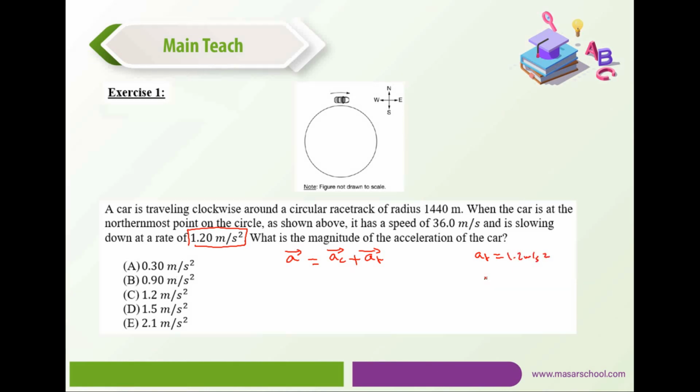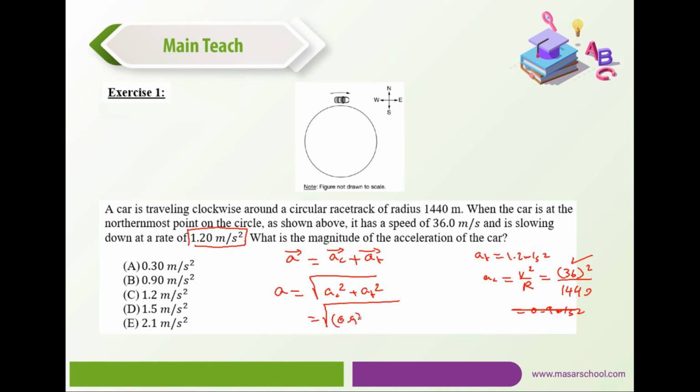The centripetal acceleration can be determined from v squared divided by r: at the northernmost point, the speed is 36 squared and the radius is 1440, so ac is 0.9 meters per second square. The magnitude of the acceleration is the Pythagorean sum, the radical of ac square plus at square, which is the radical of 0.9 square plus 1.2 square, giving 1.5, which is D.